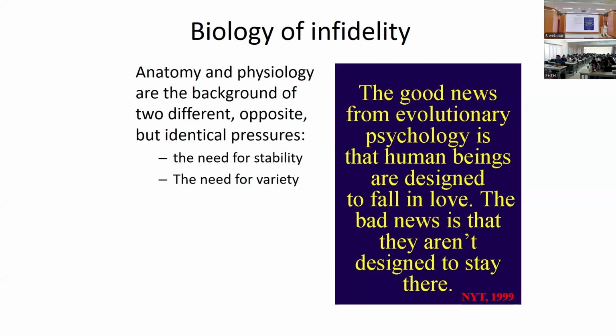And now I need your philosophical attention, because my thesis is that we are the unique animal having exactly the same biological advantage to be very monogamous and to be completely unfaithful.